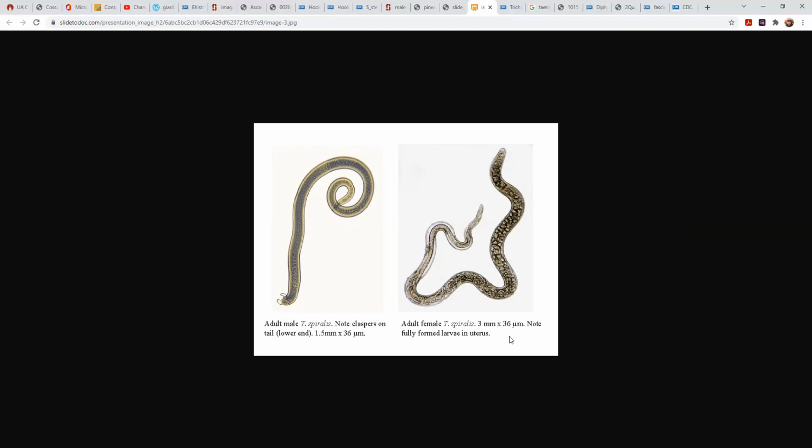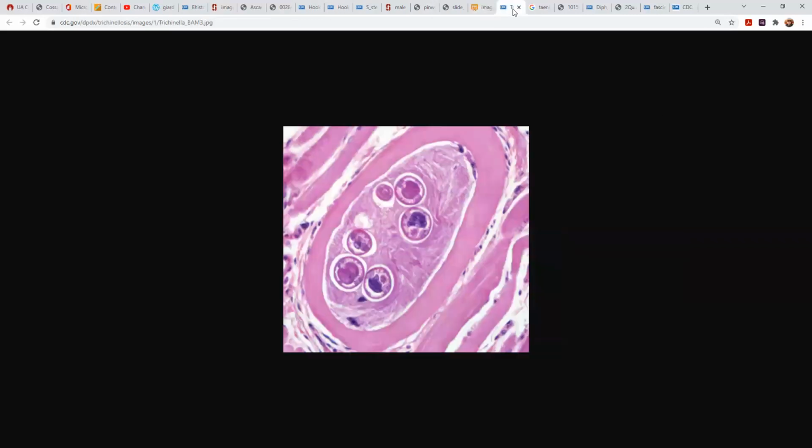Sometimes it's referred to as the pork worm because it's more commonly found in pork, and that's where humans tend to get it from, is eating pork. But it can also be found in different rodents and in bears. So this is just another type of roundworm, so similar to the Ascaris that we looked at.